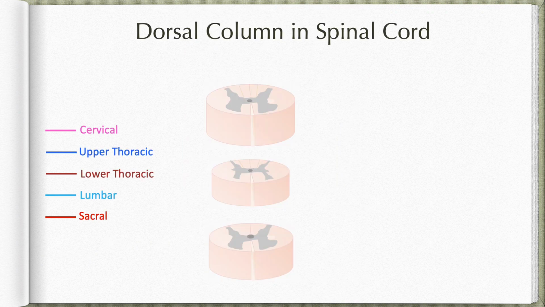So here we are seeing sections of the spinal cord at the lumbar, upper thoracic and cervical levels. We will be using the color code for the fibers from different segments as shown here on the left side. At the lumbar levels, the sacral segment fibers are already present in the dorsal column. As the fibers are added at the lumbar segments, the sacral fibers will be displaced towards the midline.